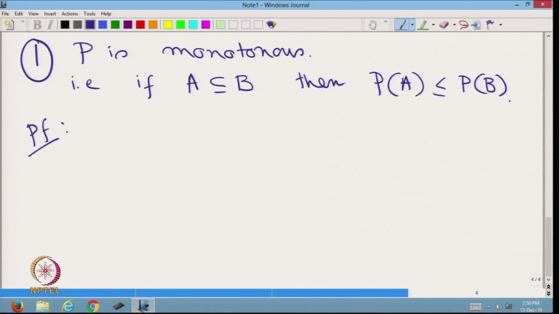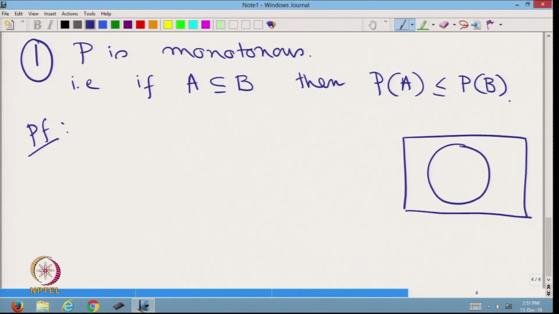So, let me give you a proof. Suppose this is my omega, and suppose this is my B, and suppose A is contained within B. So, suppose this is my A.